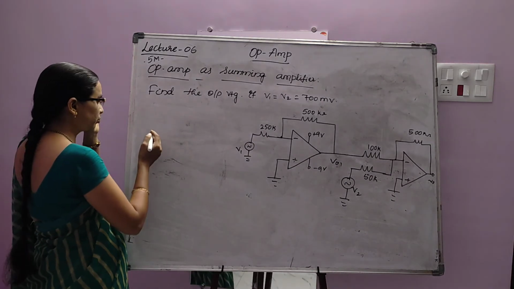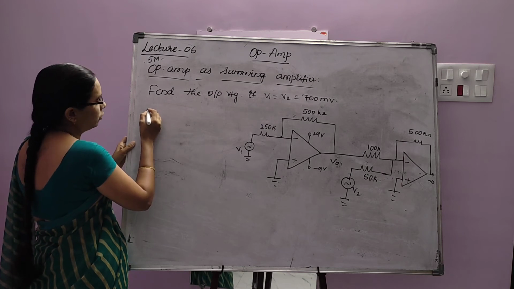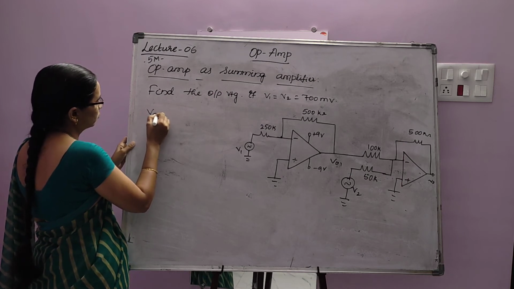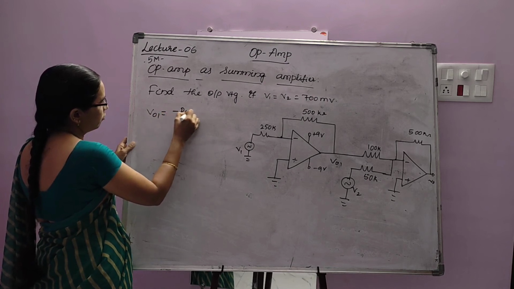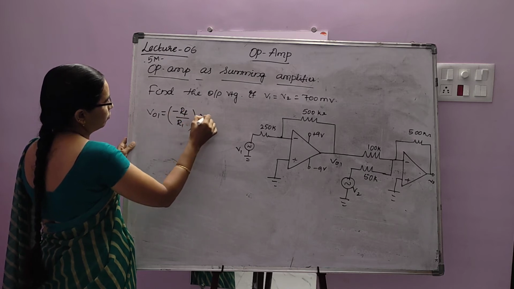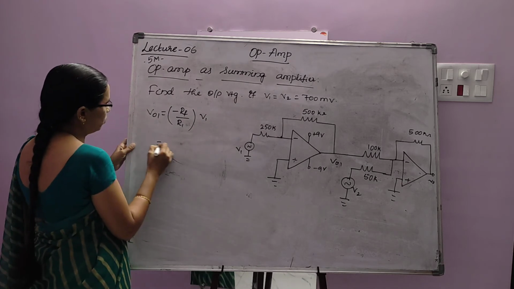So here V01 is equal to minus RF by R1 into V1. V1 is equal to 700 millivolt.